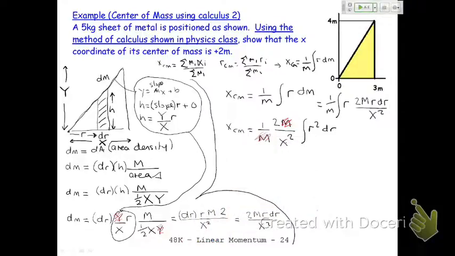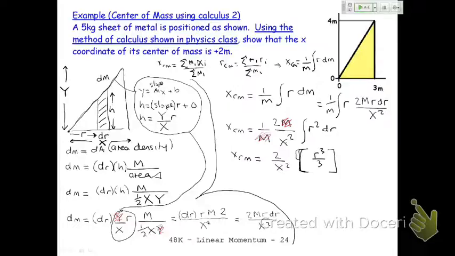So then x centre of mass is equal to 2 over x squared, oops, square brackets, r cubed over 3. Is the bound 0 to 3?